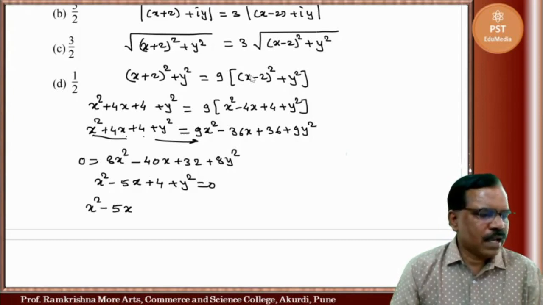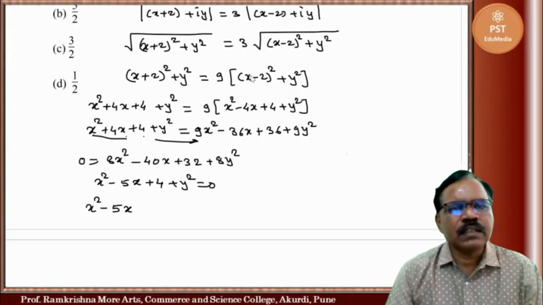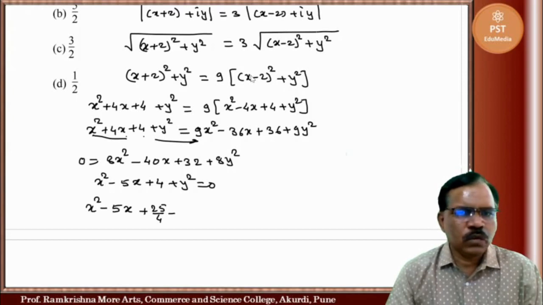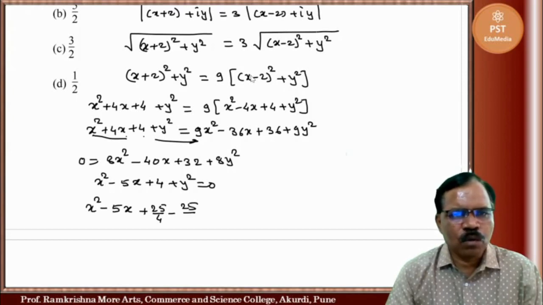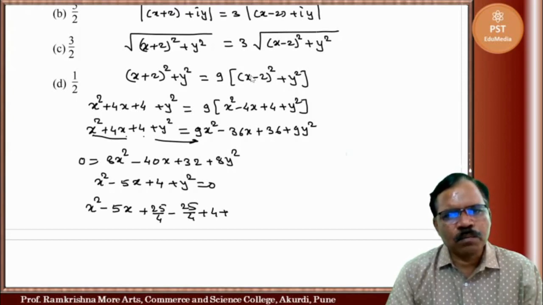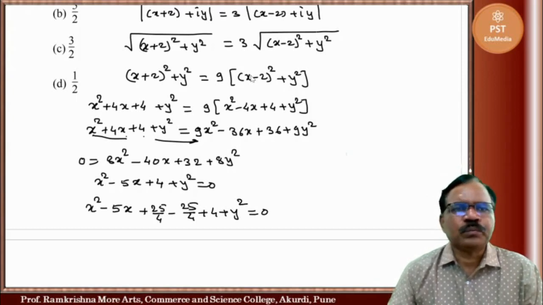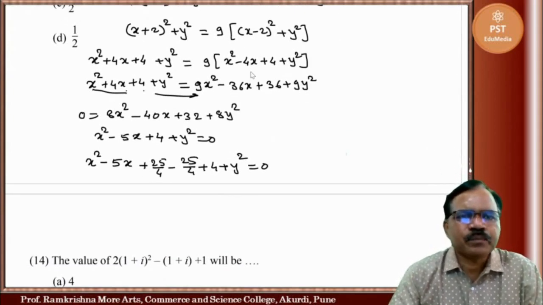Now I will add something and subtract something. So if we add plus 25 by 4 minus 25 by 4 plus 4 plus y square is equal to 0.